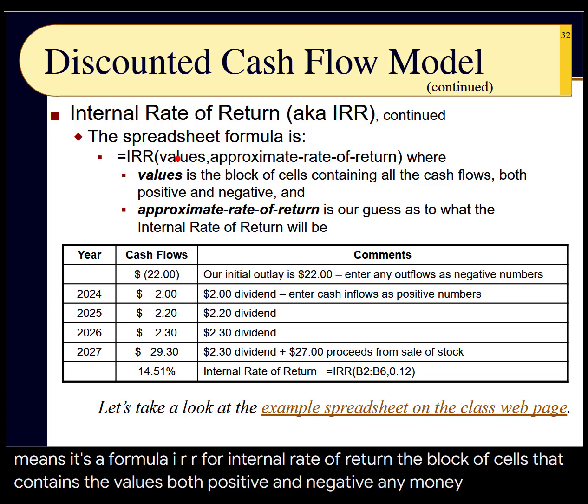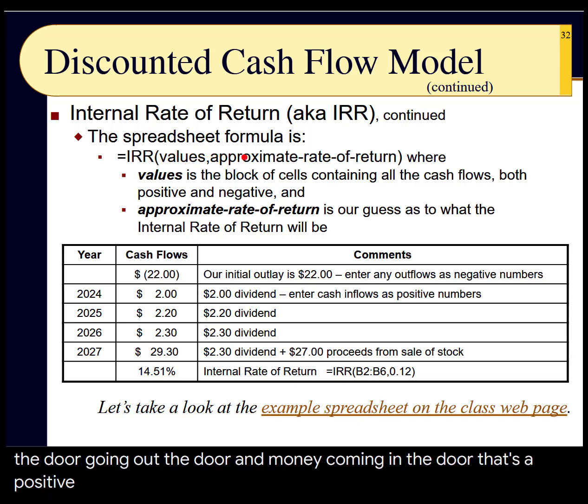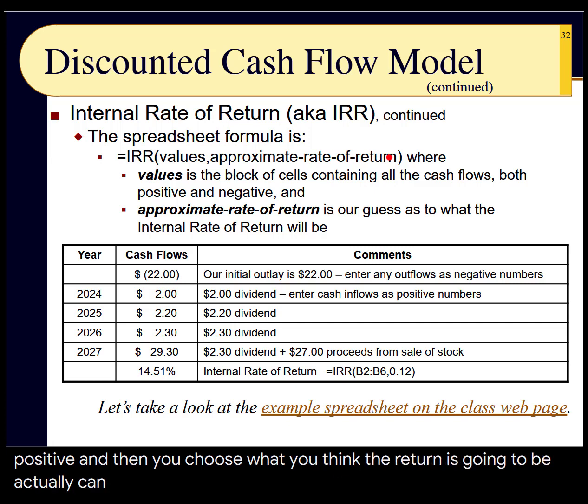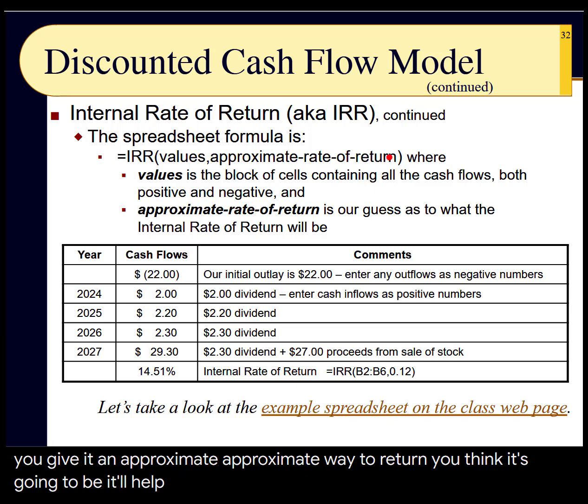Any money going out the door is negative, and money coming in the door, that's a positive. And then you choose what you think the return is going to be. Actually, you can leave it 0 and let the computer try to figure it out. But if you give it an approximate rate of return you think it's going to be, it'll help the computer's algorithm, the process.